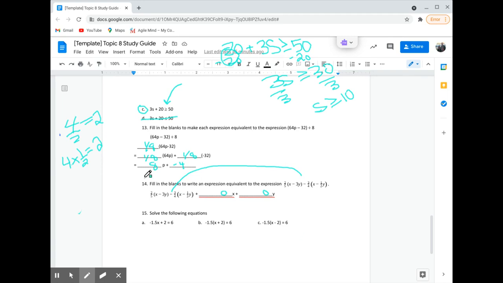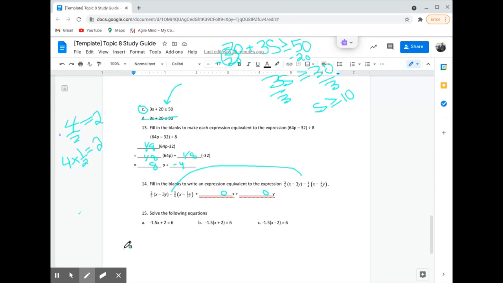All right. We got kind of like 3 questions left, but we can knock them out quick. Tell me how to solve A. What would I do? First, I set up negative 1.5 x plus 2 equals 6.